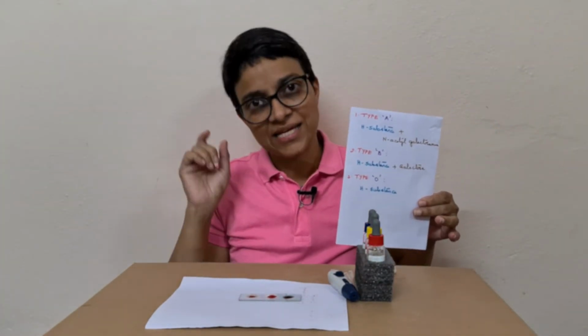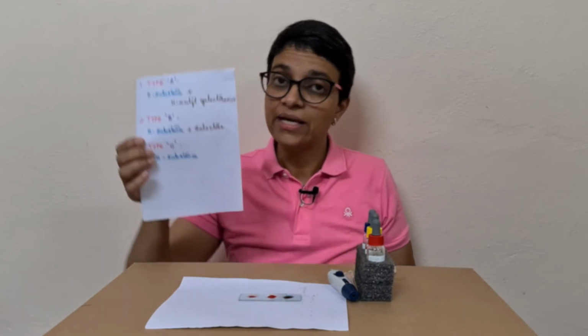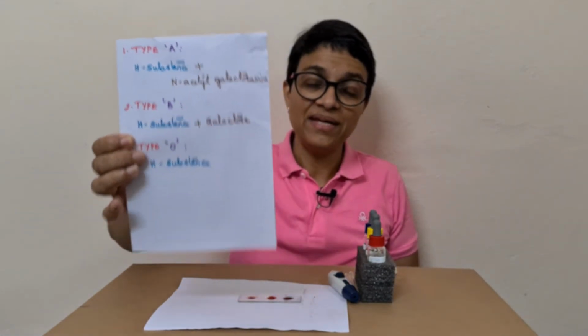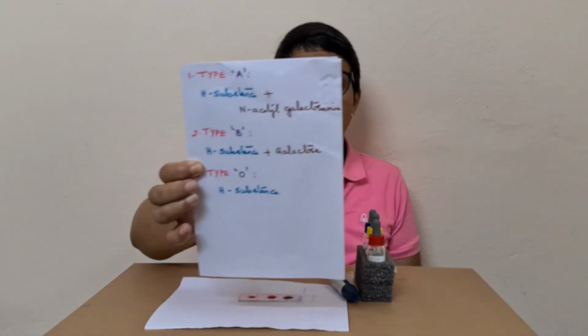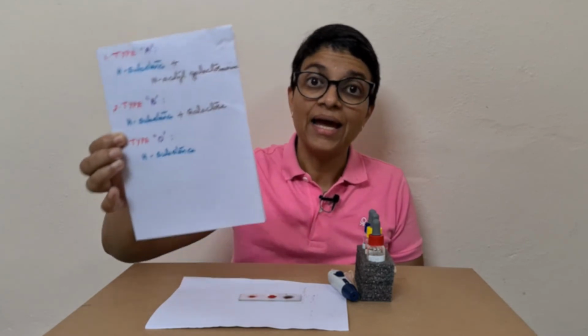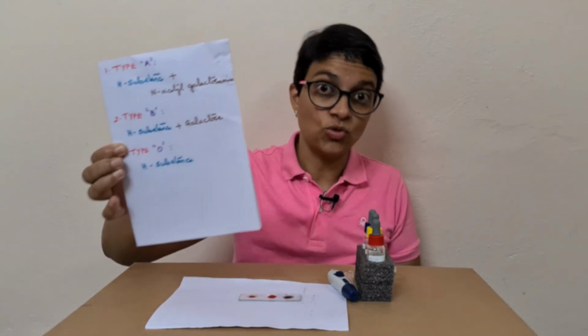Type A has H substance added with N-acetyl galactosamine, and B blood group, B protein or B antigen, is formed by adding a galactose to the H substance.